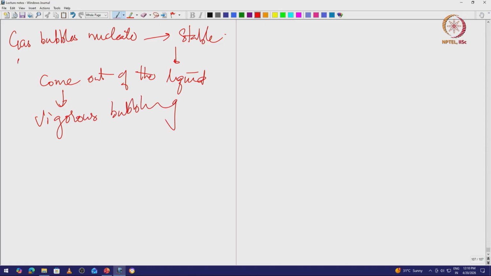So, in this vigorous bubbling, this nucleus is a very stable thing, once it forms it just expands and then comes out, right. So, in the form of a water vapor, right. So, then the entire bulk of liquid starts converting to gas, right.